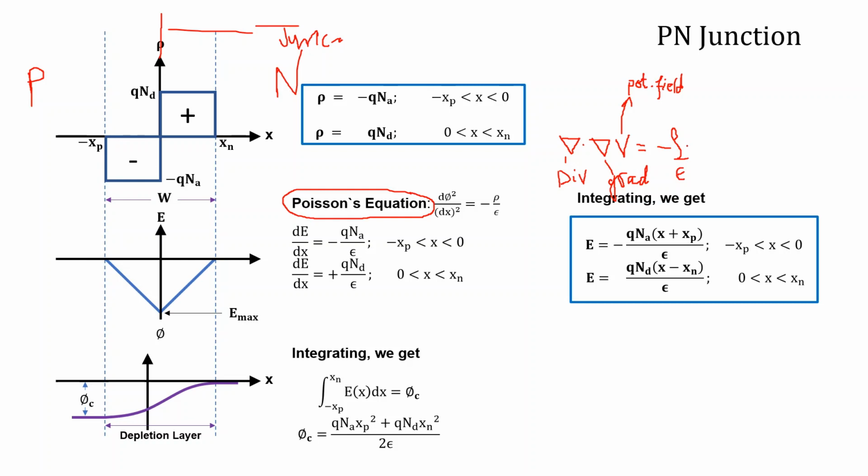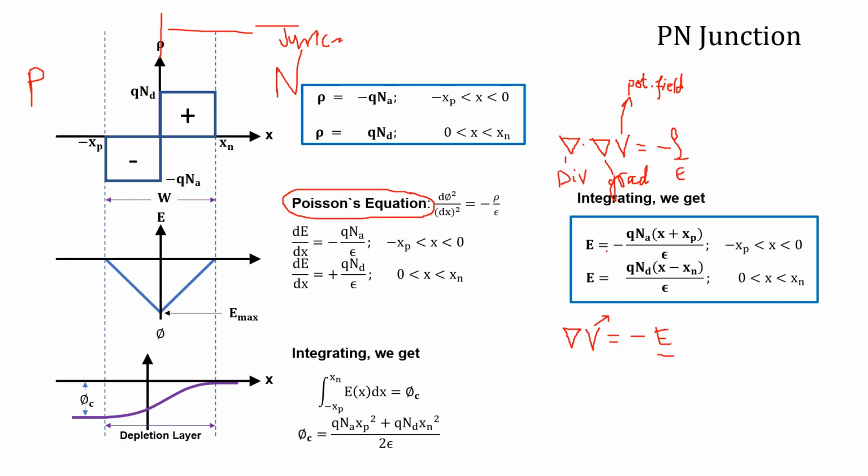Now there is a relationship between potential and electric field, and it says that the gradient of potential is equal to minus of E. So this is a scalar field, which is potential field, and if we take gradient of it, we will get a vector, the electric field.